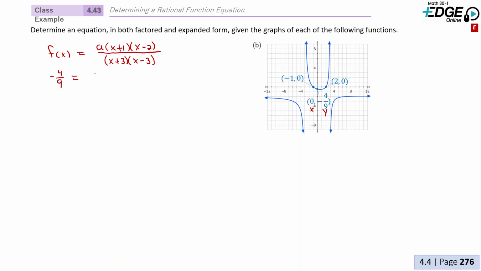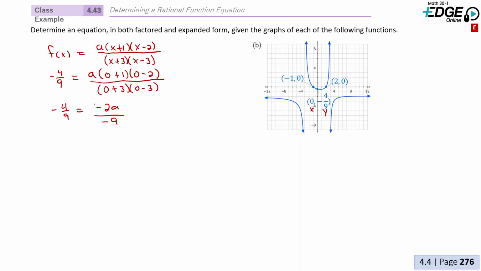So negative 4 over 9 is equal to a times, and then our x values are 0: 0 plus 1, 0 minus 2, over 0 plus 3, and 0 minus 3. Cleaning this up, we have negative 4 over 9 is equal to negative 2a over negative 9.